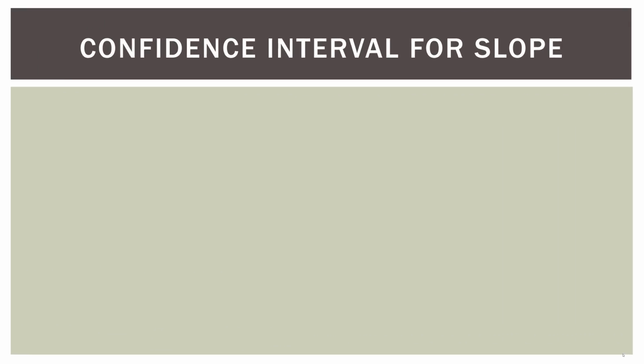So now let's get to the meat of this video, and that's the confidence interval for the slope. And here is what the confidence interval looks like. Now, if you remember from the first few chapters of stats, confidence intervals for the mean. When we have a population out there and we take a sample, we're going to get a sample mean. But remember, it's just a sample. So there's going to be an error around that, or a confidence interval.